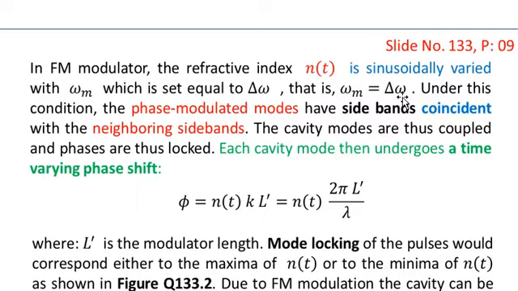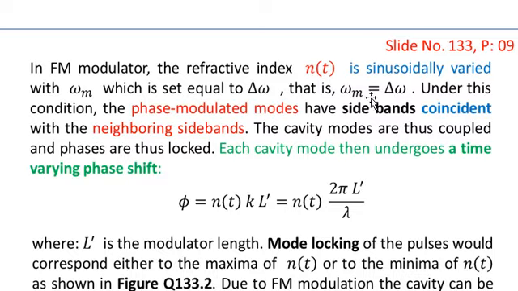Whatever modulator you use, either AM modulator or FM modulator, this is the condition that omega m is equal to delta omega must be used. And this delta omega is actually 2 pi delta nu, and delta nu is the separation between any two consecutive longitudinal modes.